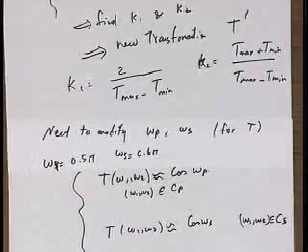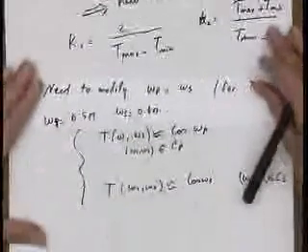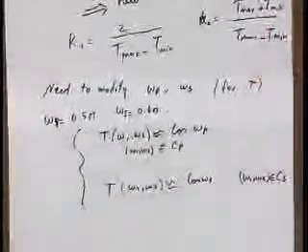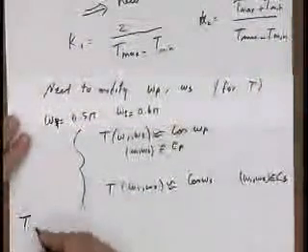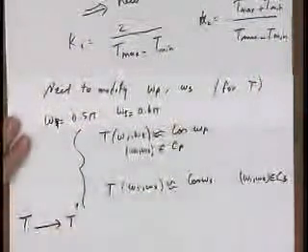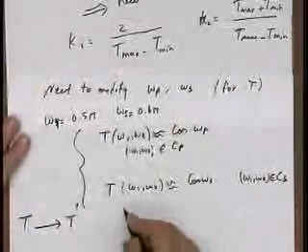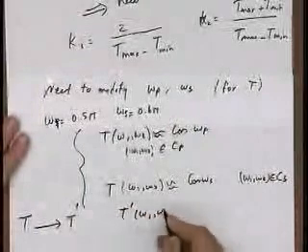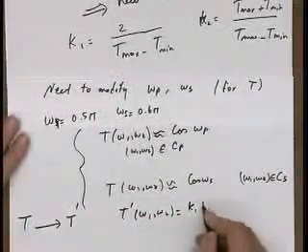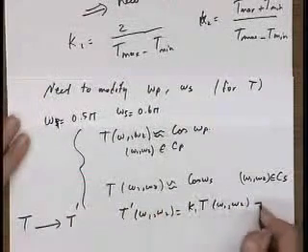Now that we have a new t, the new thing is called t prime. So t has been changed to t prime, and in particular, t prime is just k1 times t plus k2.